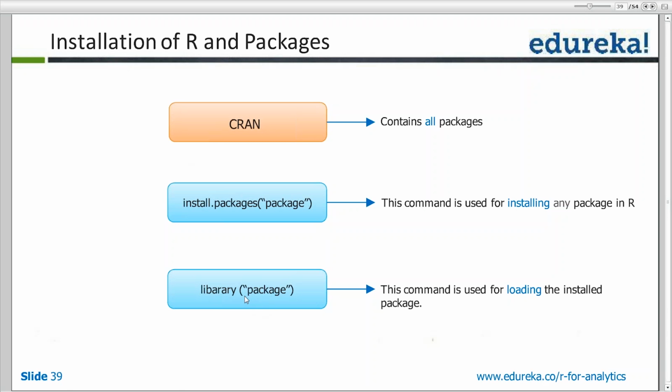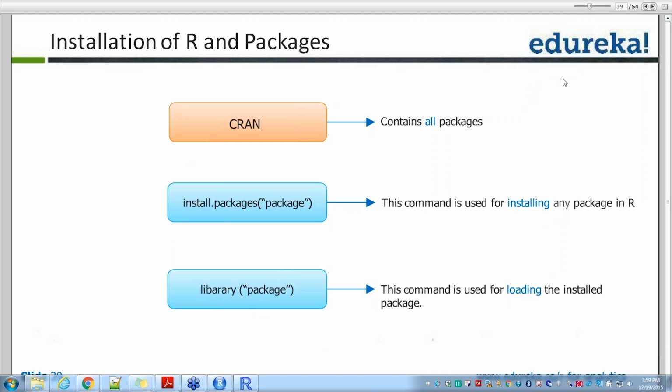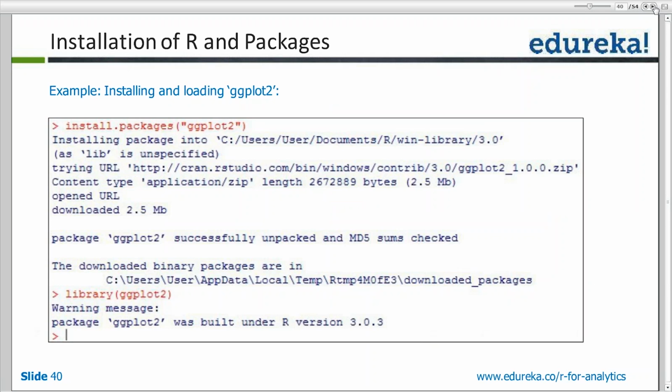That's something to know. And then this gives you the procedure for installing the ggplot2 package, which is a wonderful package for plotting wonderful visualizations. Okay, so you can install it like so, and then activate it using the library function.